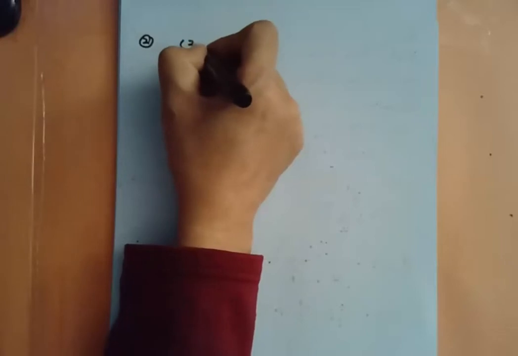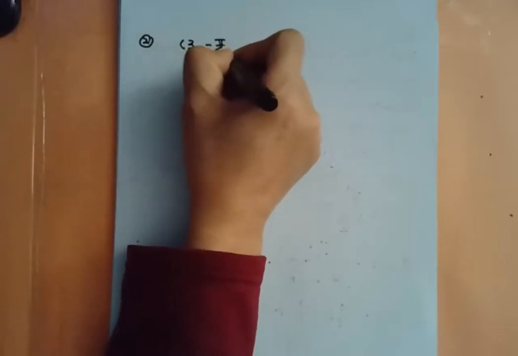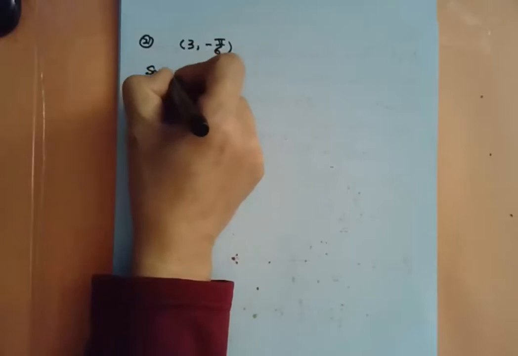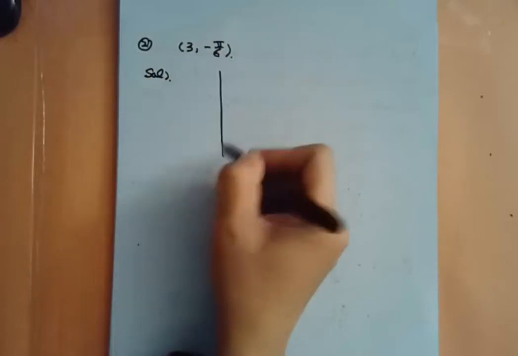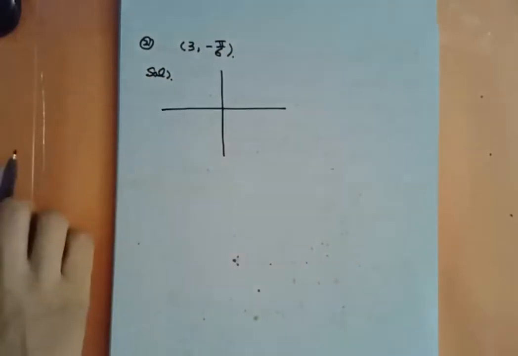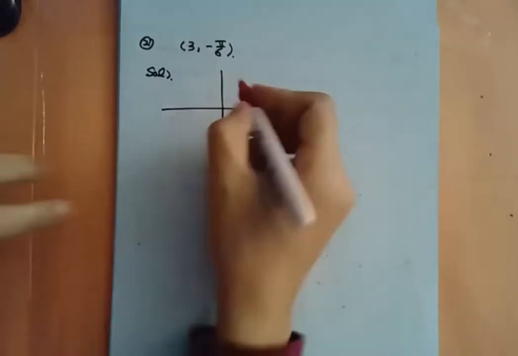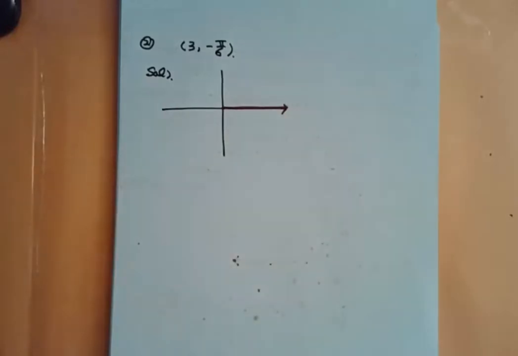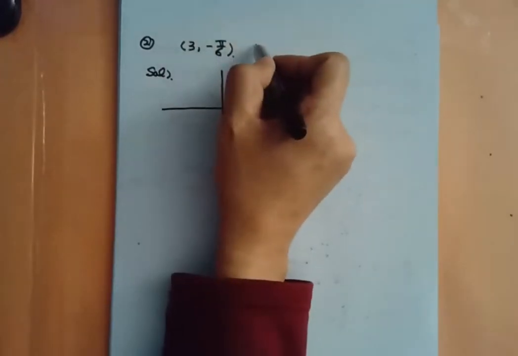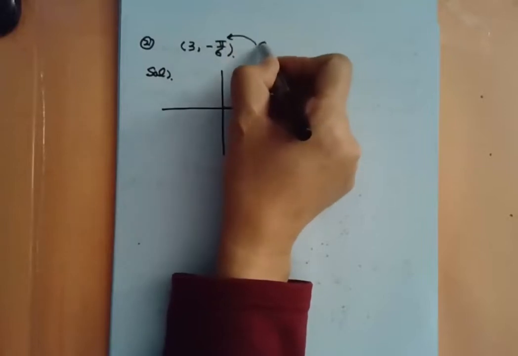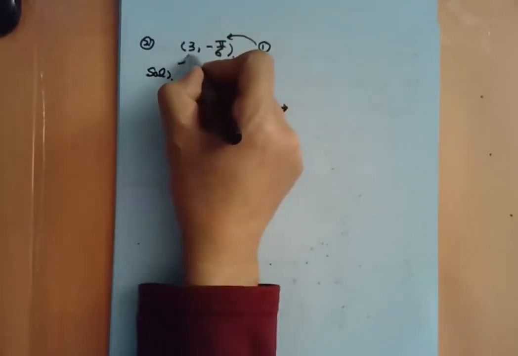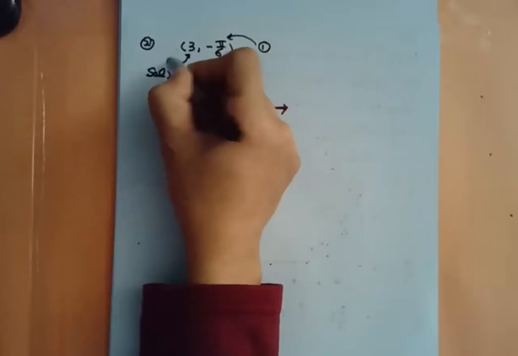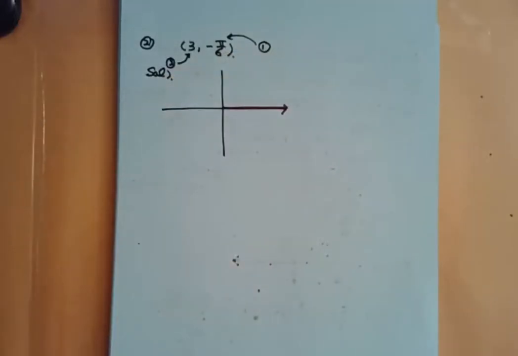The second one is 3 and minus pi over 6. So as I said, the first thing you have to identify is the angle, and the second thing you have to think about is the distance.